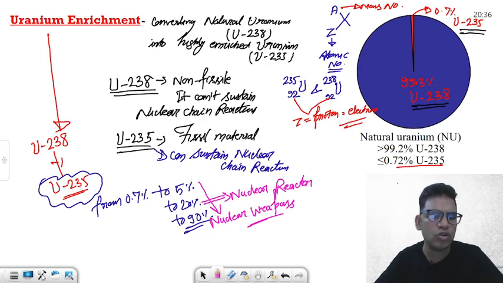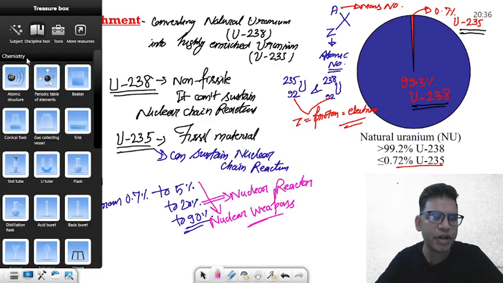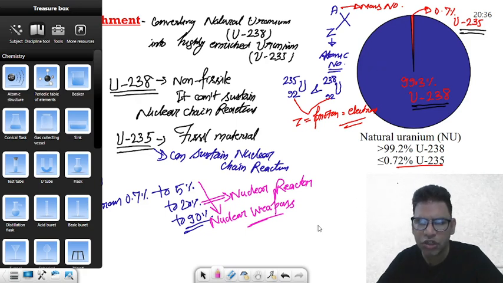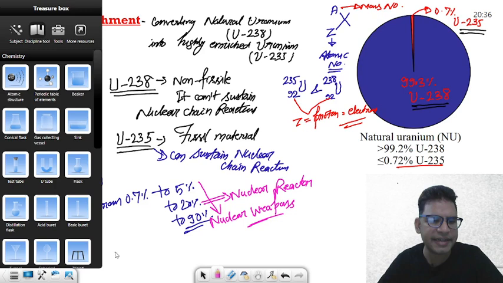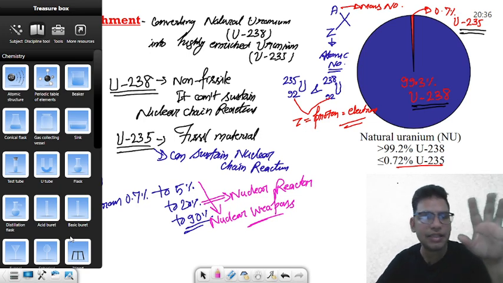So if you look at the periodic table which you have done in your 10th class, this is uranium 92. These are 91, 92, these are the lanthanide and actinide series, and lanthanides are also very important, they are basically rare earth metals, whose video I'm going to make sooner.